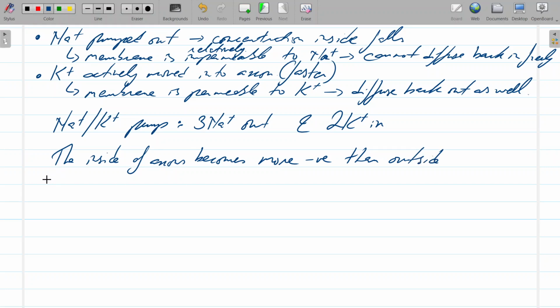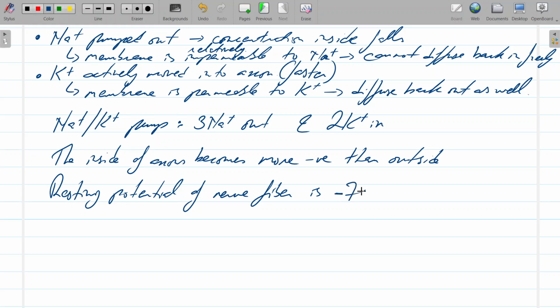And so the resting potential of a nerve fiber is minus 70 millivolts. So the difference between the outside and the inside is minus 70.